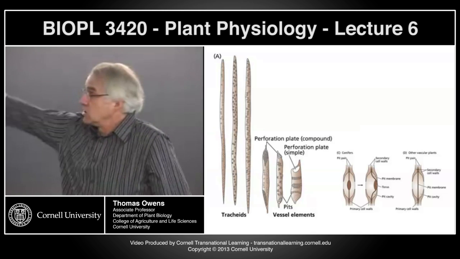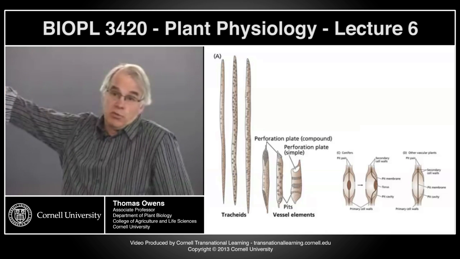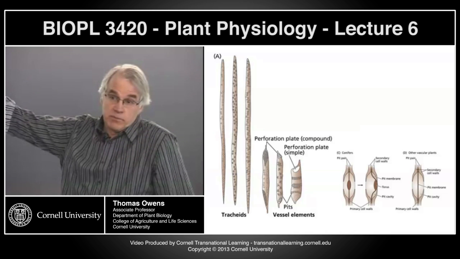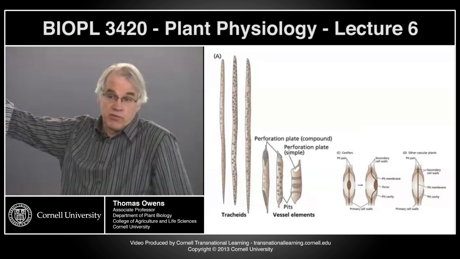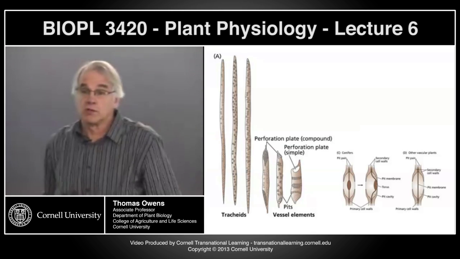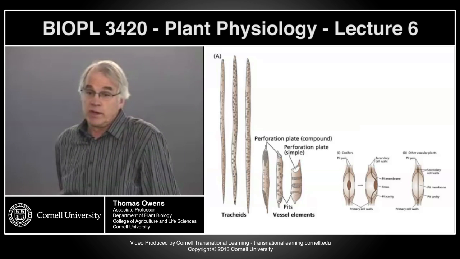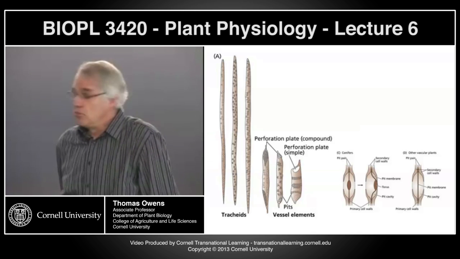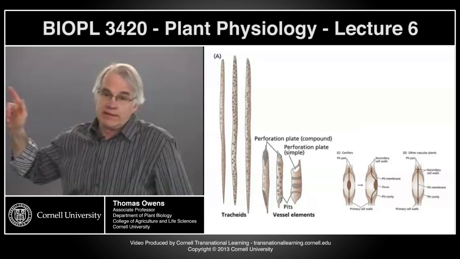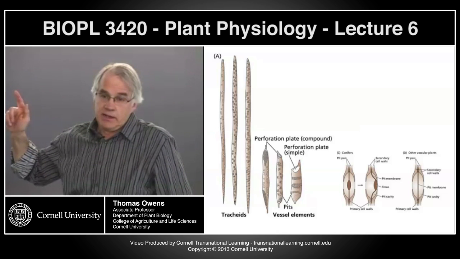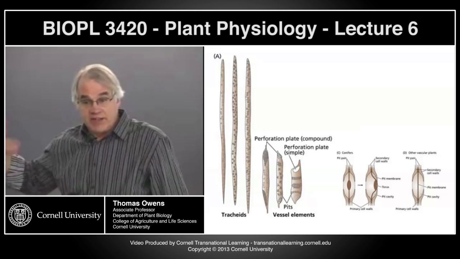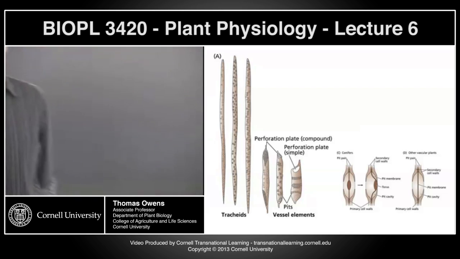So the structure of this is both to permit relatively low resistance transport of the water by bulk flow, but also to prevent water from flowing too quickly and prevent gas bubbles from moving from one cell to the next. And we'll come back. I think there's going to be plenty of time at the end of the lecture today, after we do the mineral nutrition, to come back and talk about cavitation and gas bubbles and things like that. All right?